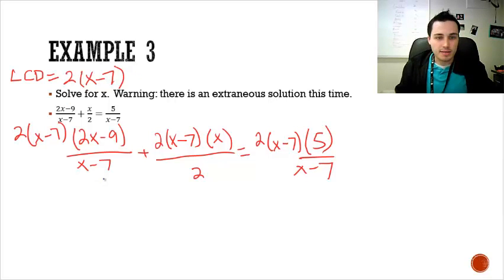Now then we can cancel some things. In the first fraction, the x minus 7s will cancel. In the second fraction, the 2's will cancel. And then again, the x minus 7s will cancel. No more denominators is a good thing.